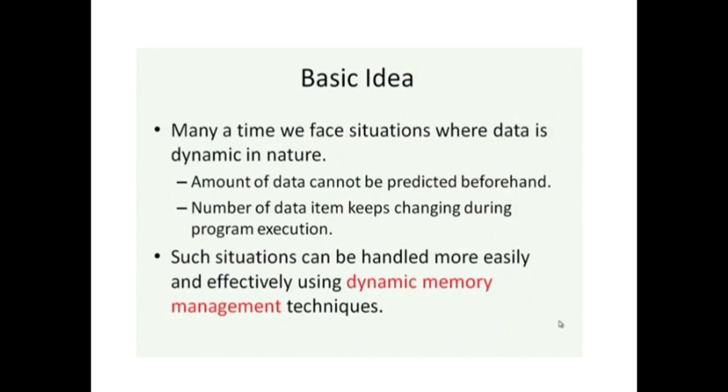Then after 100 individuals, your system will not be able to generate tickets because it will run out of memory. So these are situations which are dynamic in nature, and you cannot decide beforehand how much memory you want to allocate for a particular task.